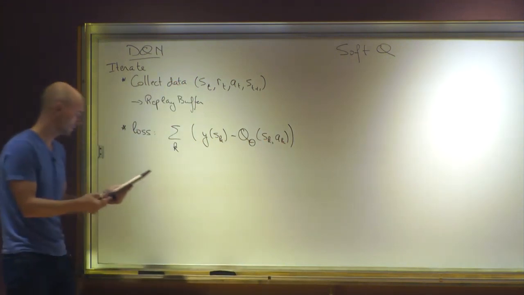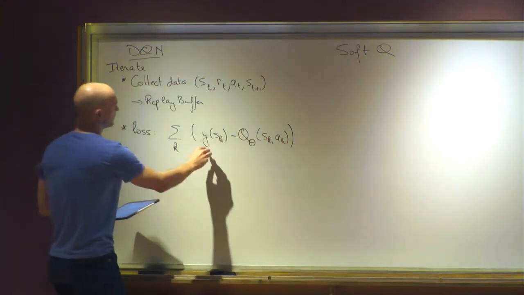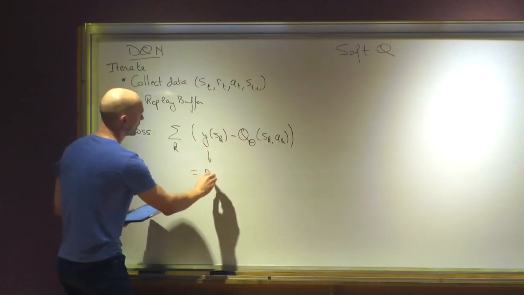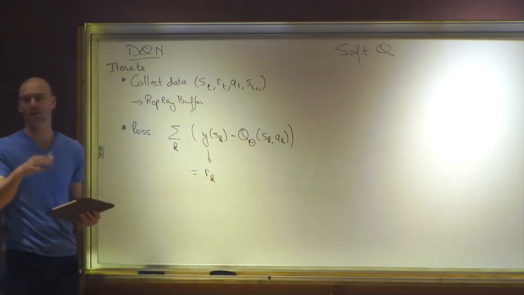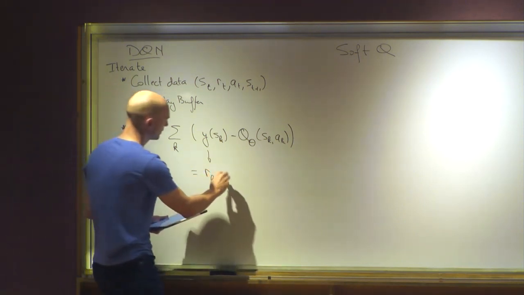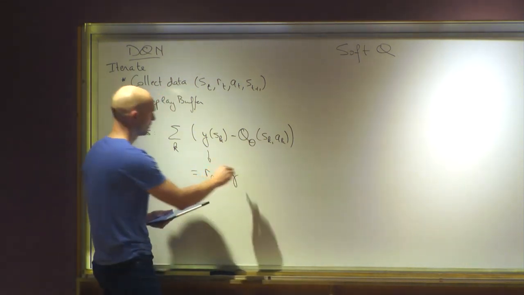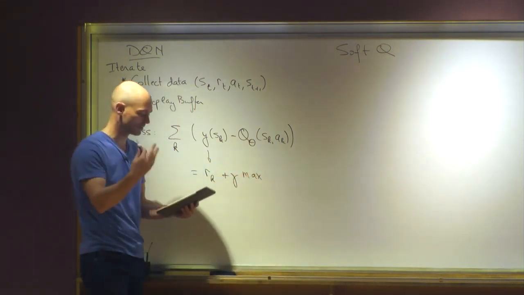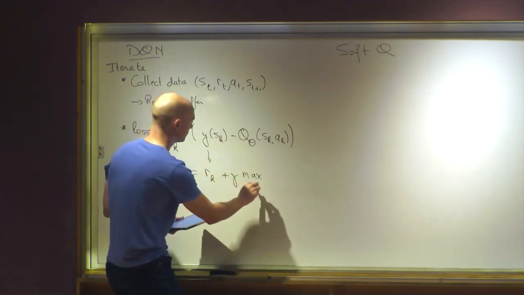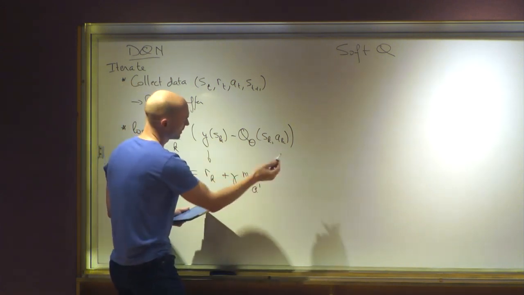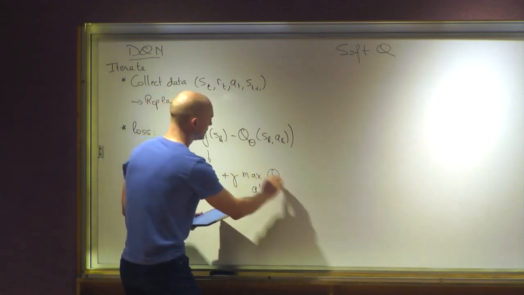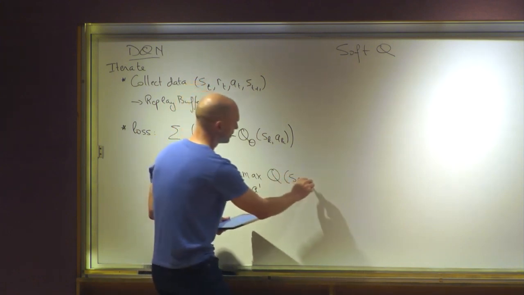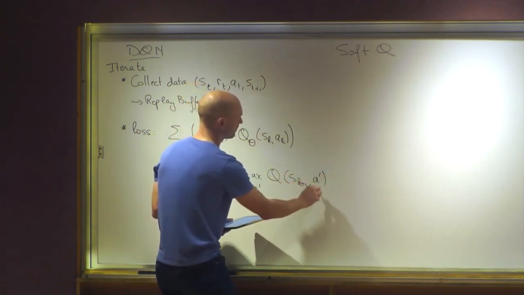And what's your target? Your target y(s_k) is equal to the reward you got in that experience when your state s_k took action a_k, plus gamma times the max over actions at the next time, so not necessarily the action you took, but the action that maximizes the Q value at the next time, so max over a prime of Q of the state you were in at the next time, s_{k+1}, comma, and then a prime you get to maximize over.